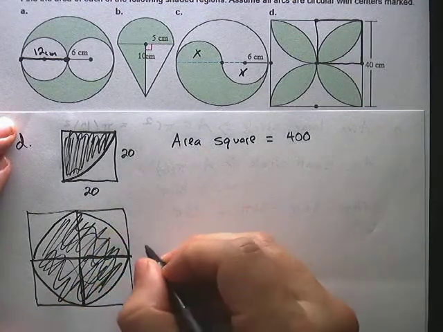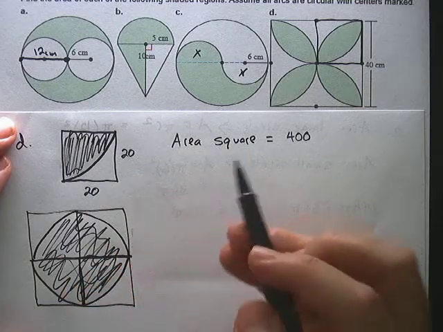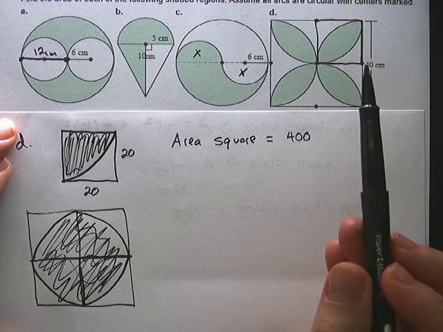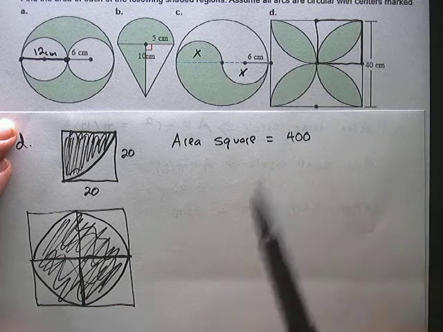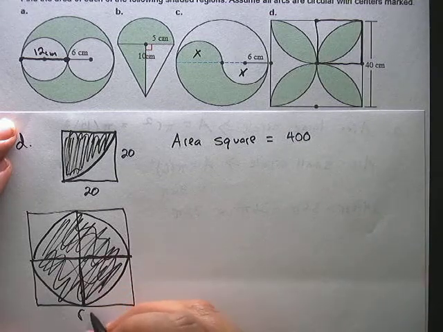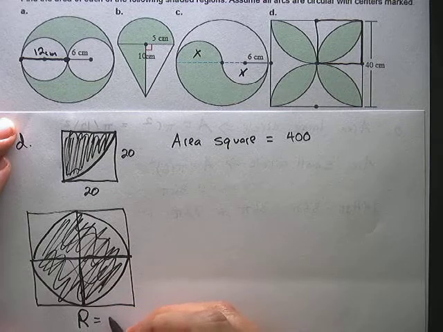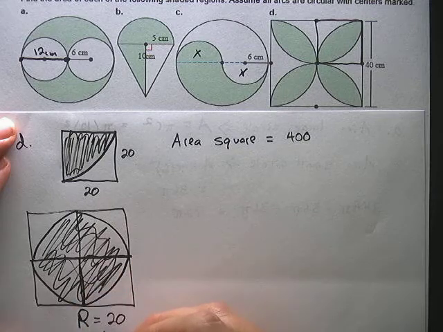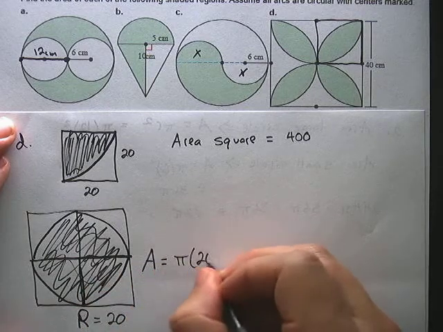Okay, so what's the area of this large circle? That would be, well, we need the radius. What's the radius of this circle? Look at this square here. So the radius of this circle, well, we know that across here is 40. Okay, so half of that is 20. So R of this circle, let's even call that big R so I don't get confused here, is 20. So the area of this whole thing is equal to pi times 20 squared.